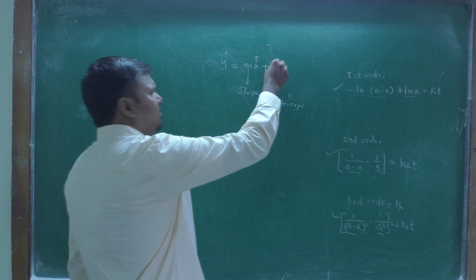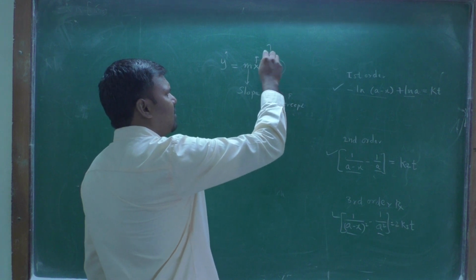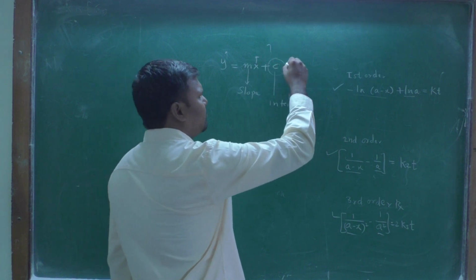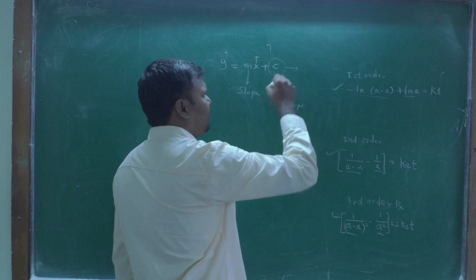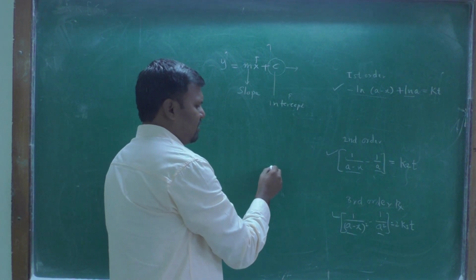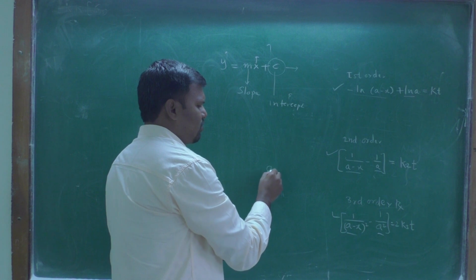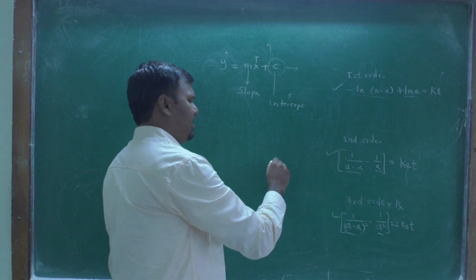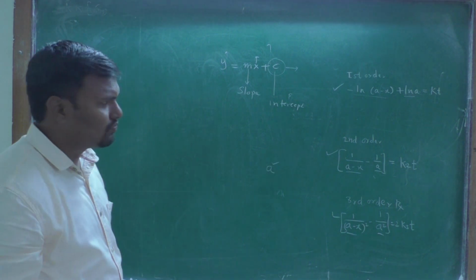The intercept is the constant one for a reaction. Therefore you know that A is the initial concentration.